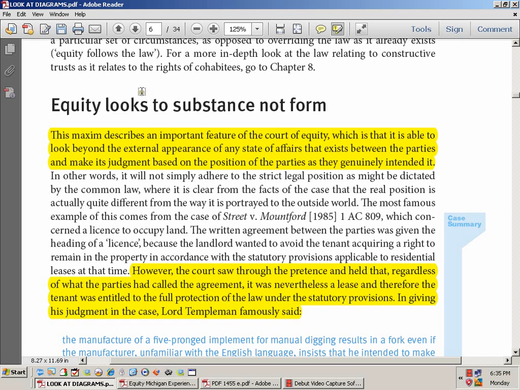However, the court saw through the pretense and held that regardless of what the parties had called the agreement, it was nevertheless a lease, and therefore the tenant is entitled to full protection of law under proper statutory provisions. This is like your deed of trust mortgage, no matter what they call it. When you look just above where you signed your name, it calls it a security instrument.